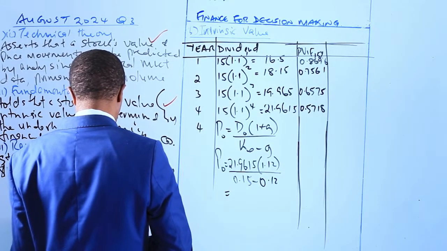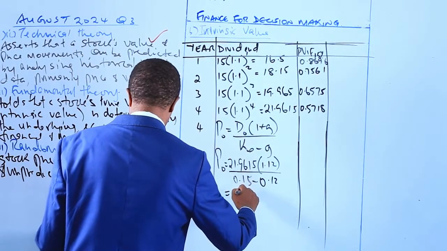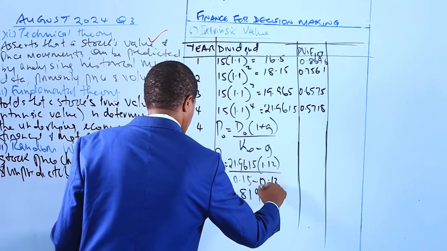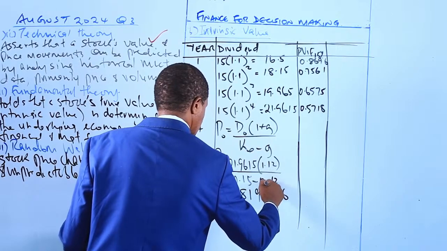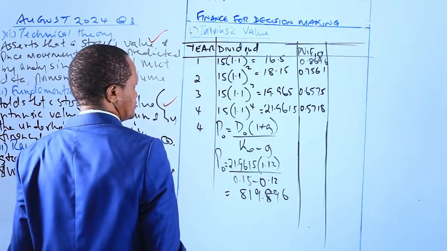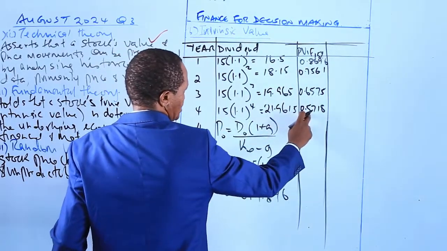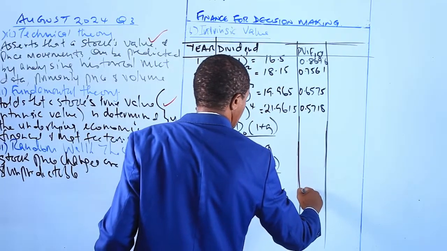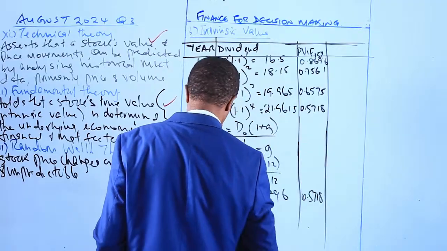This is equal to 819.896. Because it's 4 years, the discounting factor is going to be 0.5718. So that's it.